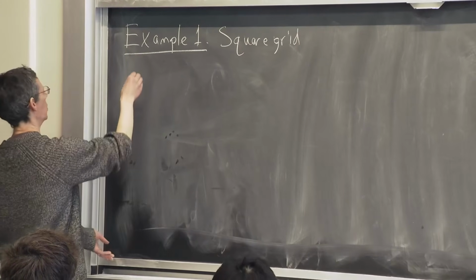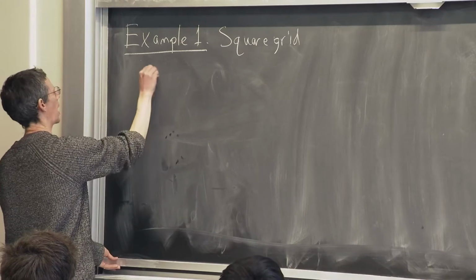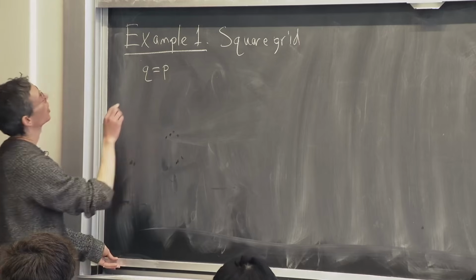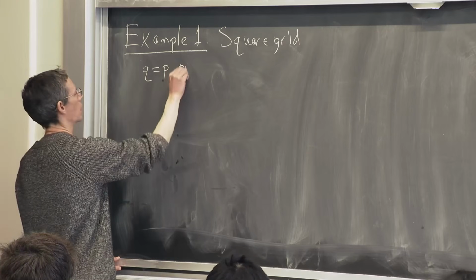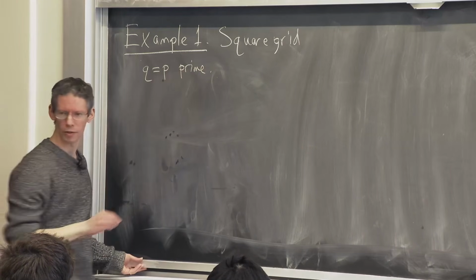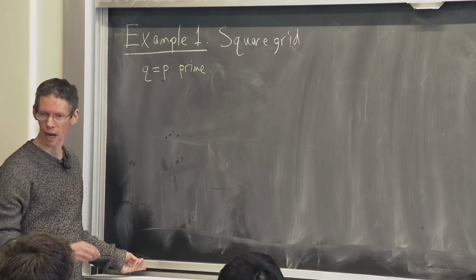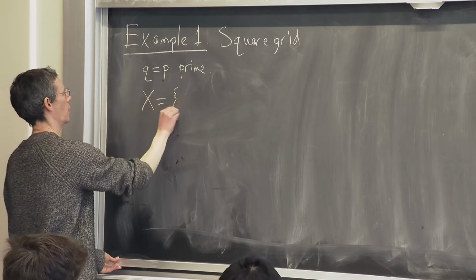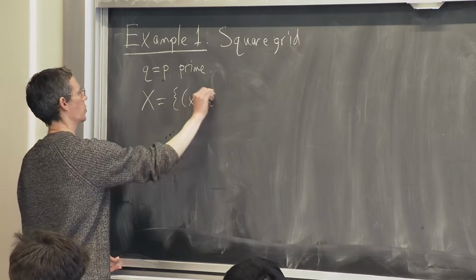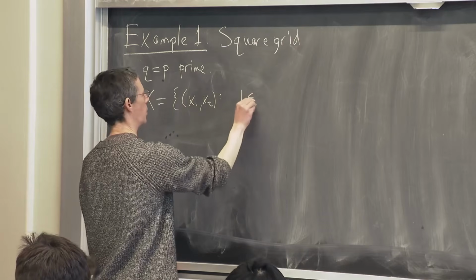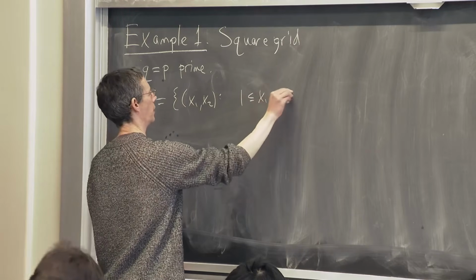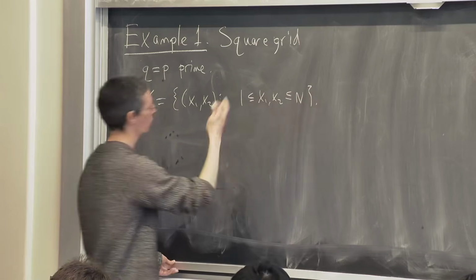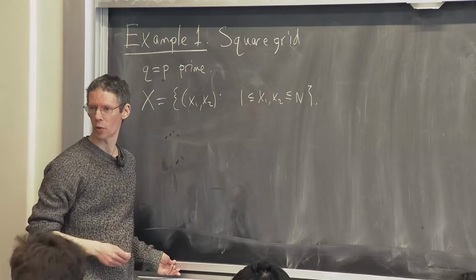So for this example, let's suppose that q is actually prime. You could do similar things if q is not prime, but it's just easier to write it down. OK, so our set X is going to be the set (x1, x2), where x1 and x2 go between 1 and n. So even though we're over a finite field, you can think of this as a square integer grid.